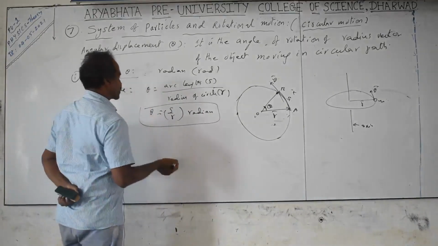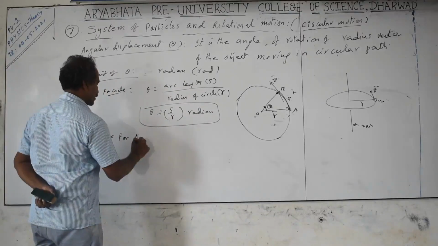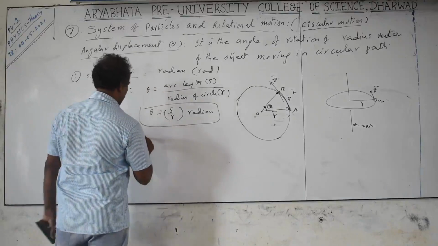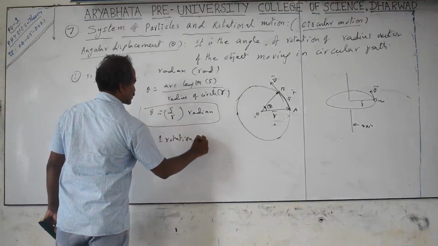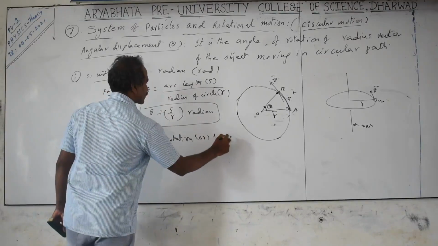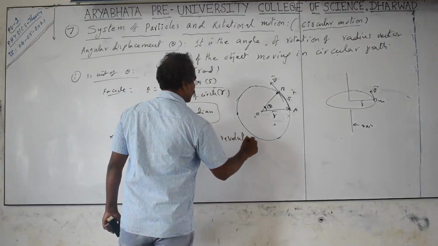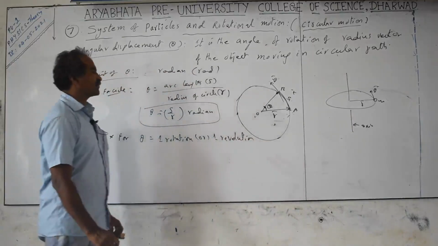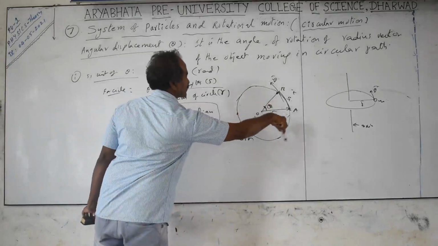If you take one rotation or one revolution, the value of s becomes equal to the complete circumference, that is 2 pi r.